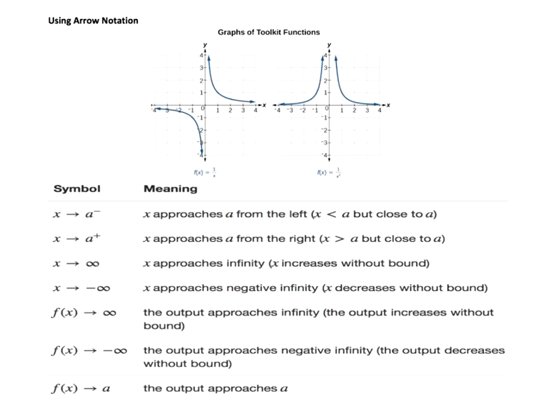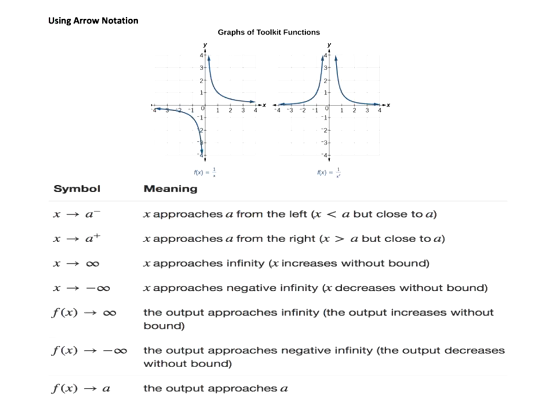We use arrow notation, and we've already discussed this in a previous section, but we're going to look at it a little more in depth here. We use arrow notation to describe how the tail ends of these functions are behaving.